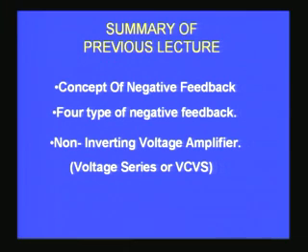So 4 different types of negative feedback can be constructed, and these 4 different types of circuits will lead to 4 different characteristics depending on the output and input impedances.